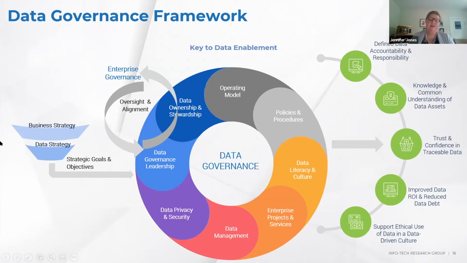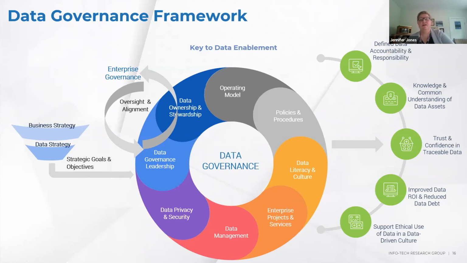So on the left-hand side, what you see is the business strategy that we talked about earlier, and then formulating a specific data strategy that has specific strategic goals and objectives identified. And then when we're talking about governance in this colorful donut circle here, what we're seeing are different components that make up data governance.